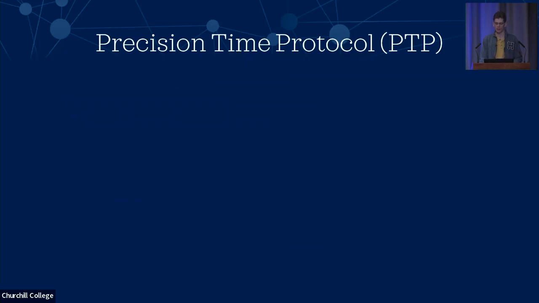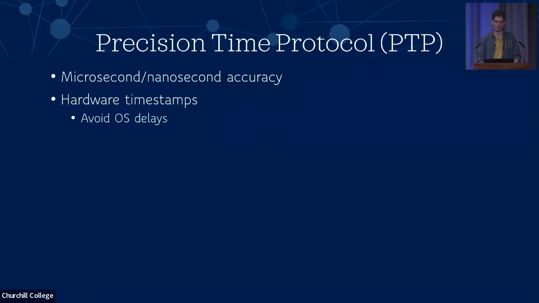One of these is the precision time protocol, which can give us sub-microsecond accuracy. So this is used on things like cell towers, where they need to synchronize very precisely for the phase offset as well, I think. And this does use hardware timestamps to avoid those operating system delays.